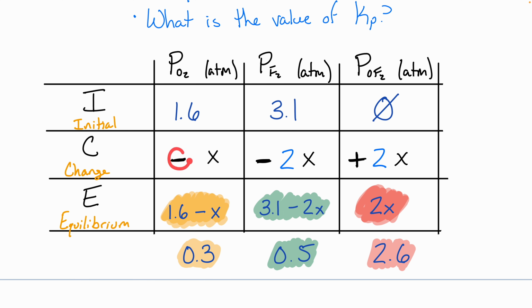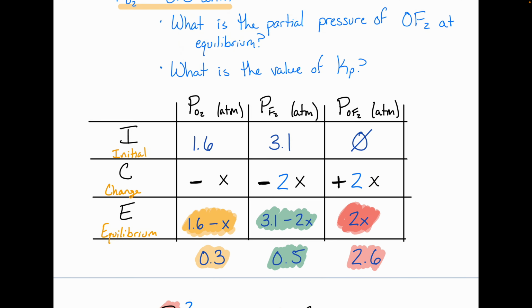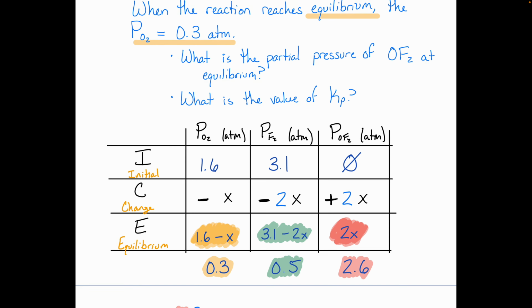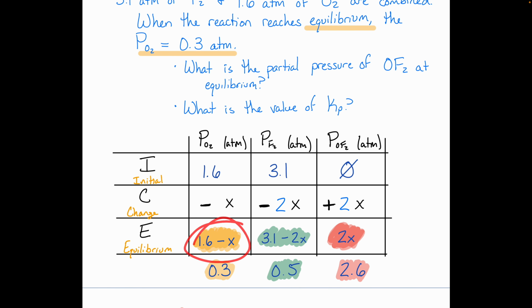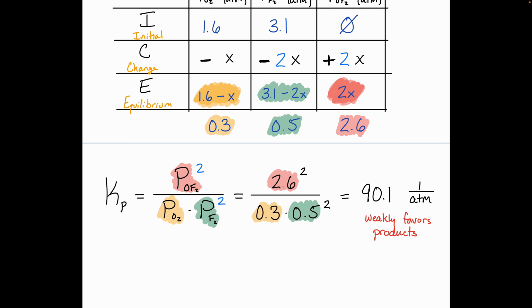We also got to worry about the sign of that change box, as well as make sure to include our stoichiometric coefficients. And then in order to get the equilibrium box, we sum up those first 2 rows. For this particular problem, our way of solving for x was we were given one of these boxes in our problem. We were given the equilibrium pressure of one of these components. And so we got x, and then we were able to find our other stuff like the pressure of our product at equilibrium, and finally the Kp of our reaction.